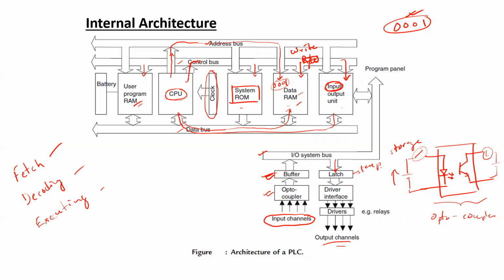The microprocessor is actually the brain of the PLC, so the PLC is nothing without the microprocessor. By connecting the memory units and the input output interfacing units, you are making a complete device, so that the user can use it as a controller.